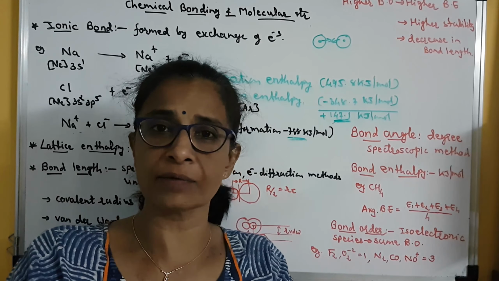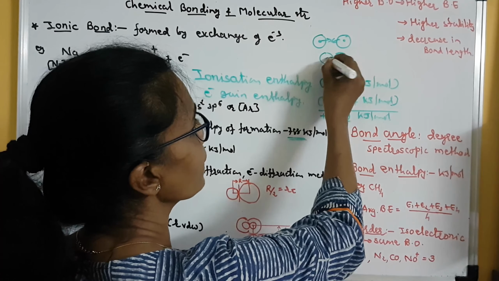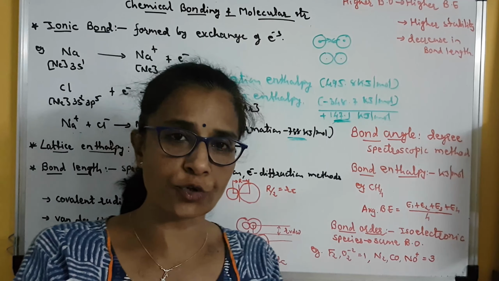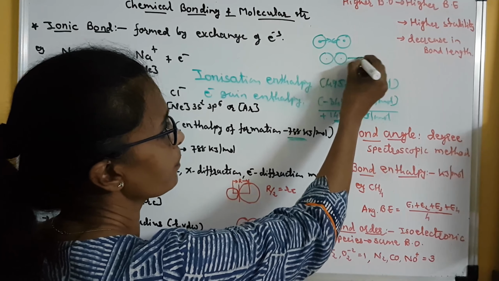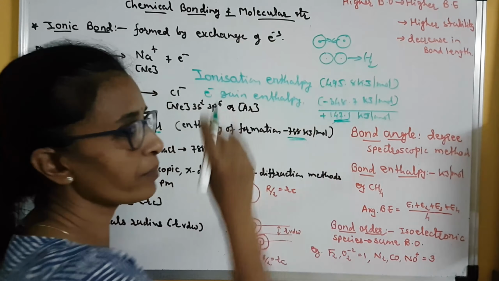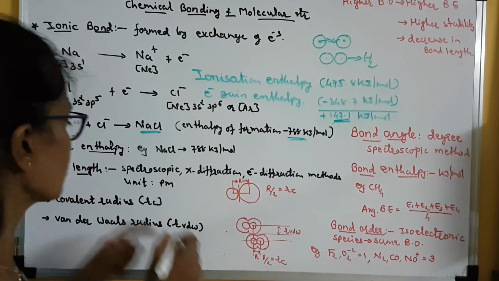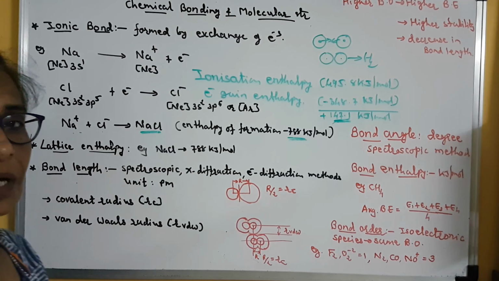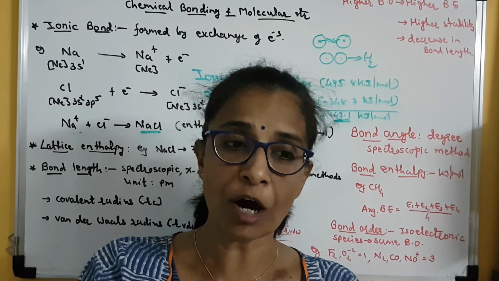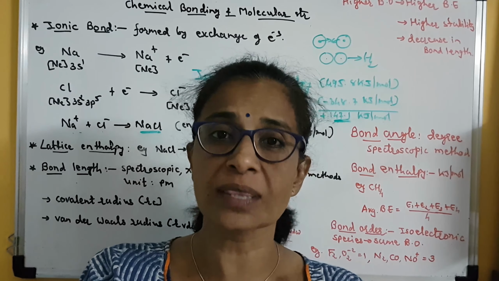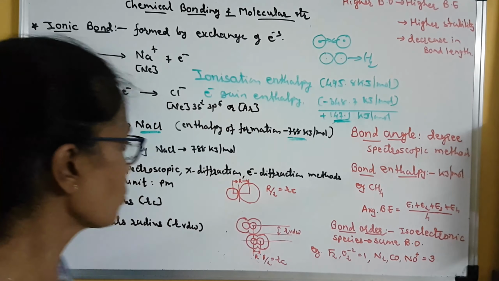Clear? But at one particular distance, at a certain minimum distance, when the attractive and repulsive forces balance each other, then these two atoms will unite permanently in order to form an H2 molecule. So bond length is the equilibrium distance between the nuclei of two bonded atoms in the molecule. Clear?